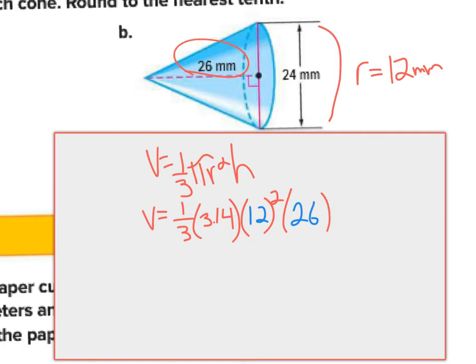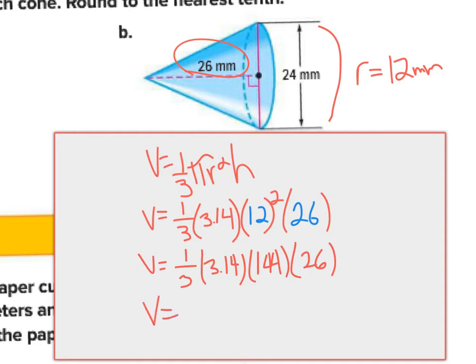And now I will go right ahead and multiply straight across. And when I do so, I get volume equals, remember I am going to round to the nearest tenth, 3,920.7 millimeters cubed. Okay, I hope you got that too.